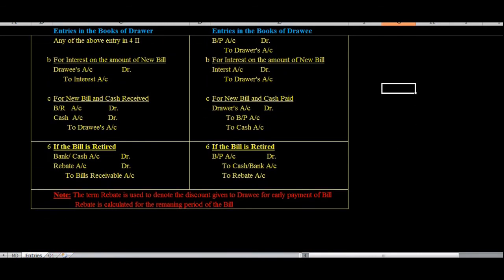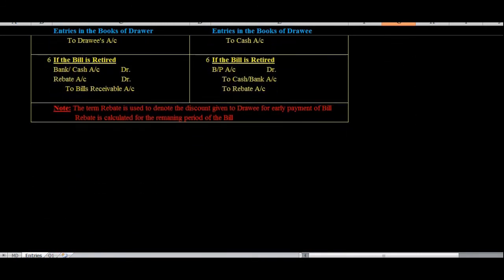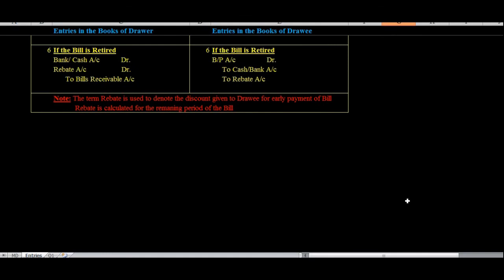After this, the last part, if the bill is retired. First and foremost, I want you people to remember, what do you understand by the term retired? Bill retired means drawee honors the bill before the due date. Now if drawee says, my dear friend Mr. Drawer, when I am paying you money in advance, obviously you should give me some discount.